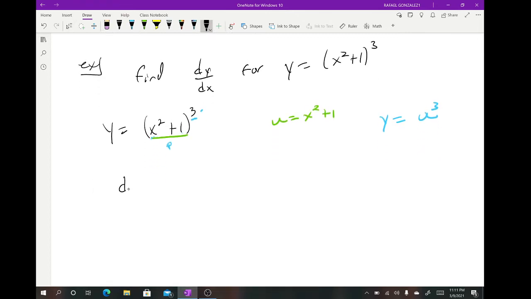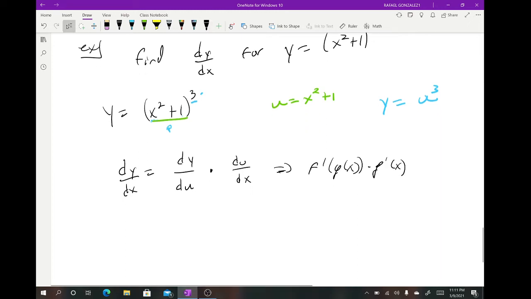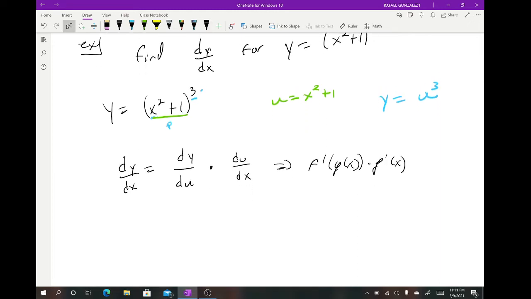The chain rule said that dy dx is equal to the derivative of y with respect to u times the derivative of u with respect to x, which, in other words, is the same thing as the derivative of f evaluated at g times the derivative of g with respect to x. So the g of x here is what we're calling u.